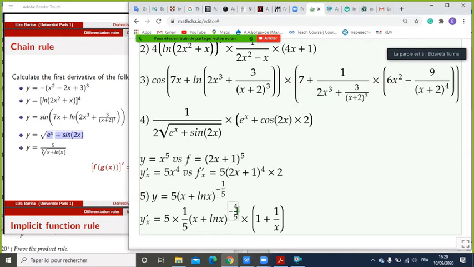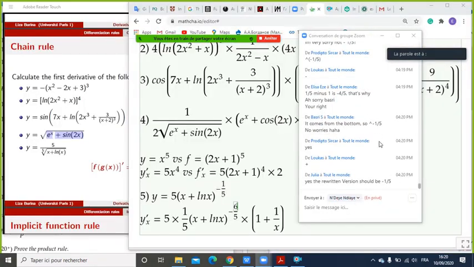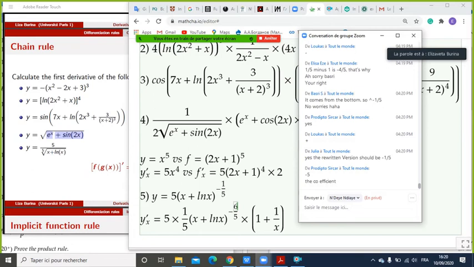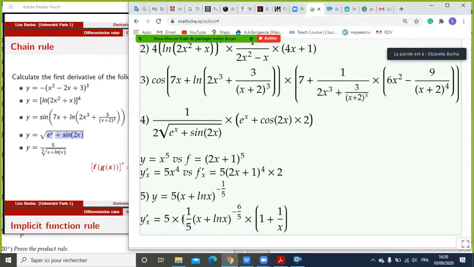So here what we got was minus 6 over 5, right? Okay. Minus 1 over 5, yes. And it is minus 6 over 5, right? In the answer. I mean, in the derivative. Minus 5? What's minus 5? The coefficient, yes. Well, technically, this part is with minus. So, if I'm writing it super detailed, let's write it super detailed. Okay.